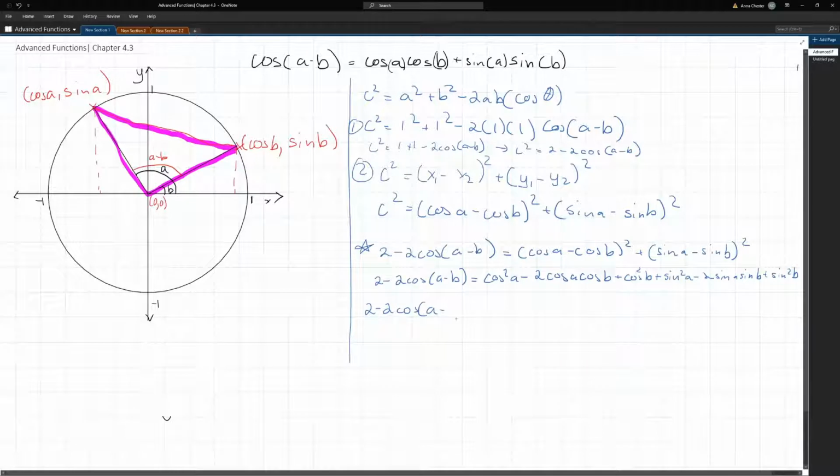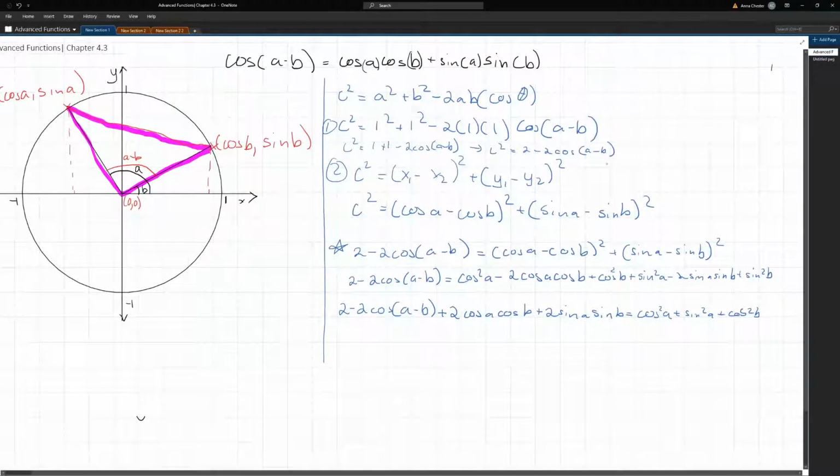So we get 2 minus 2 cos(A minus B) plus 2 cos A cos B plus 2 sine A sine B is equal to cos squared A plus sine squared A plus cos squared B plus sine squared B.